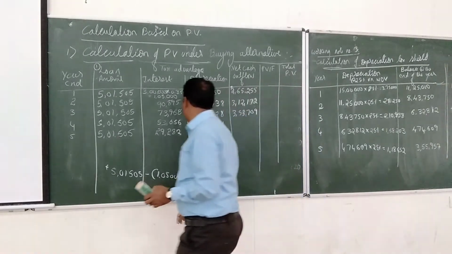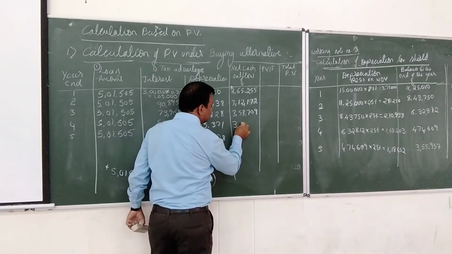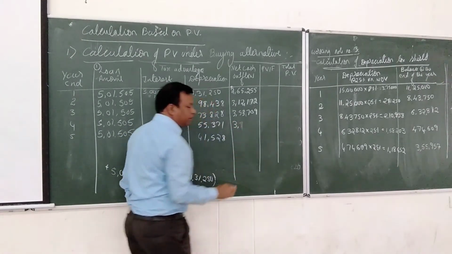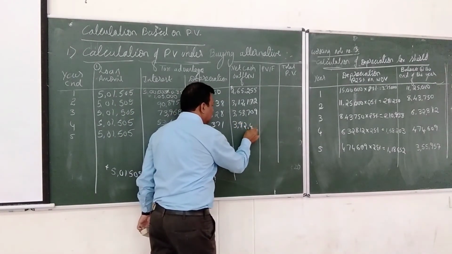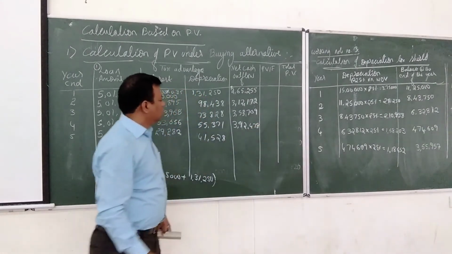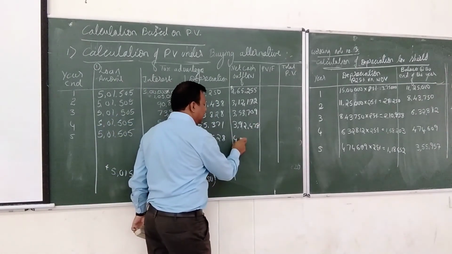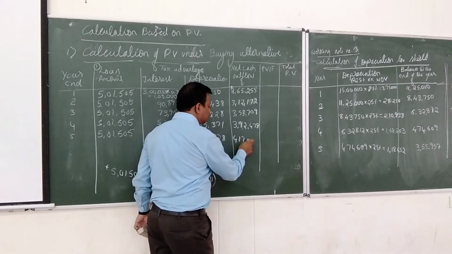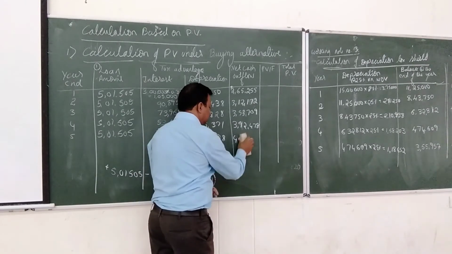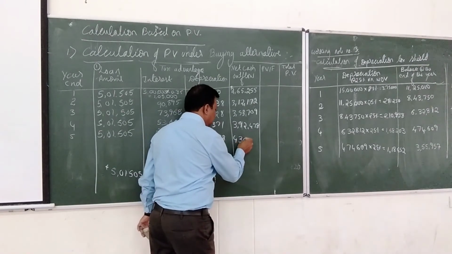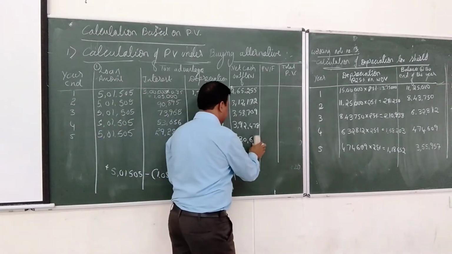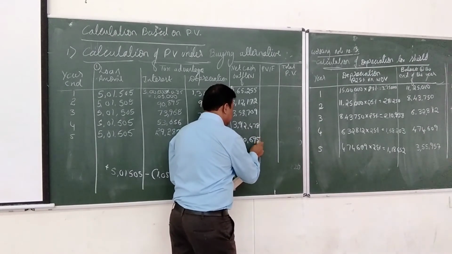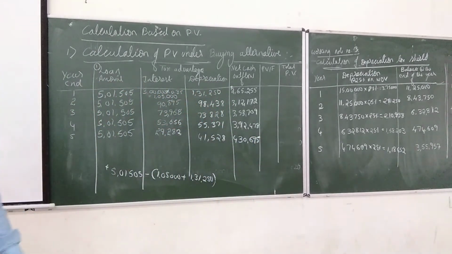Okay, then 3 lakh 92,000. 4 lakh 30,000. Okay. Is it clear? Is it clear?